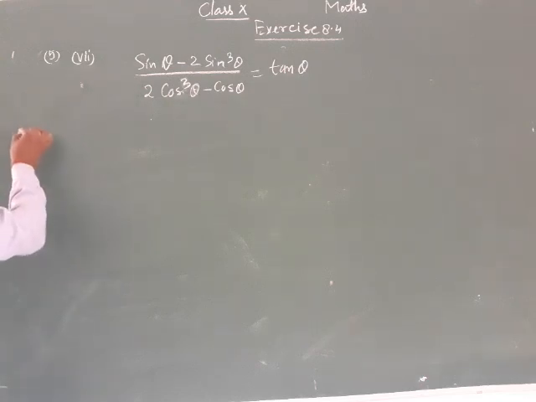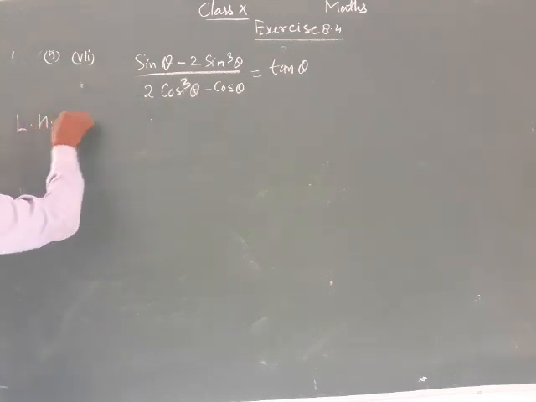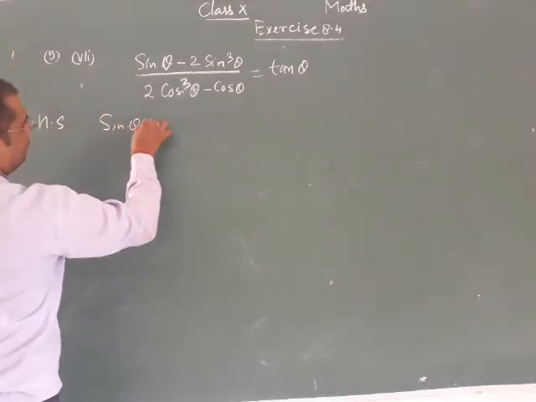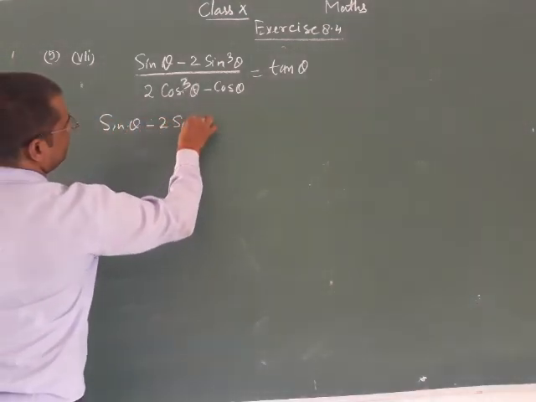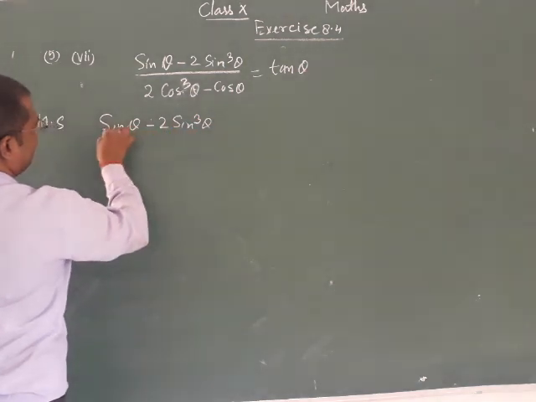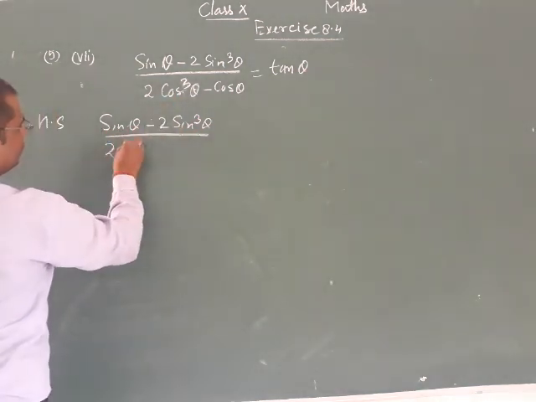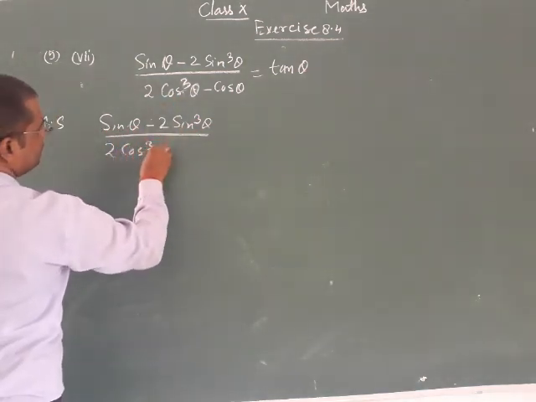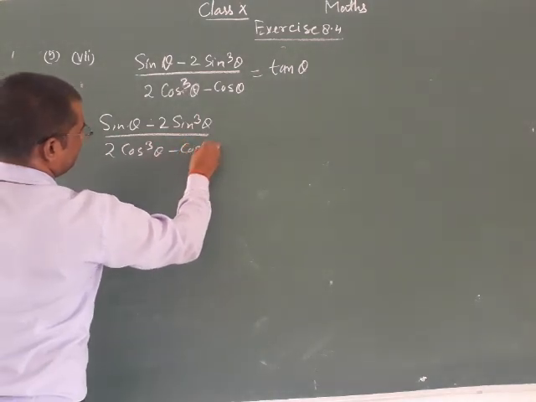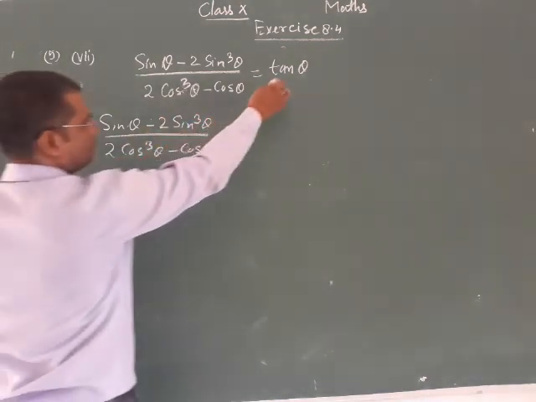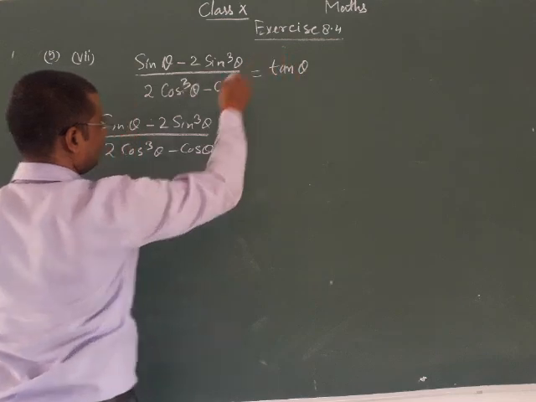So taking LHS: (sin theta minus 2 sin cube theta) upon (2 cos cube theta minus cos theta). Tan theta means sin upon cos theta.